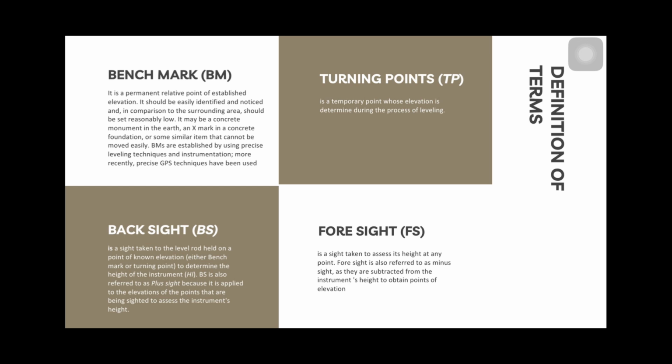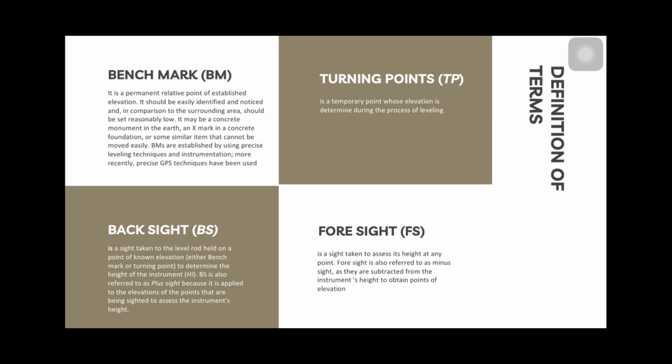Finally, we have the foresight or FS. So this is the last reading taken before we move the instrument. It's placed on a point of unknown elevation, like a turning point or the final station we want to measure. The foresight allows us to determine the elevation of the new point.